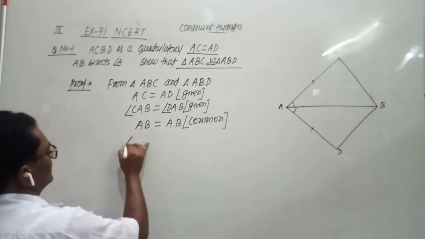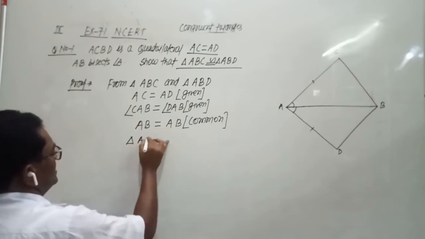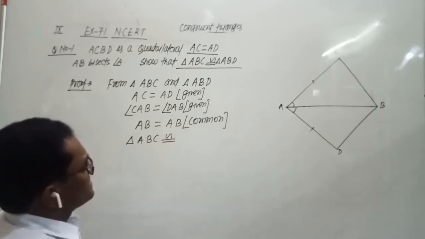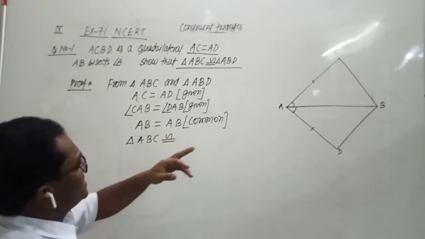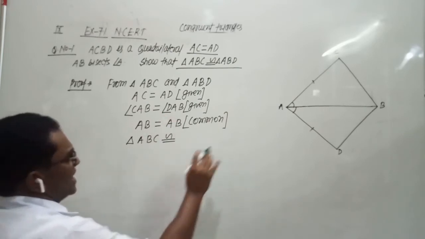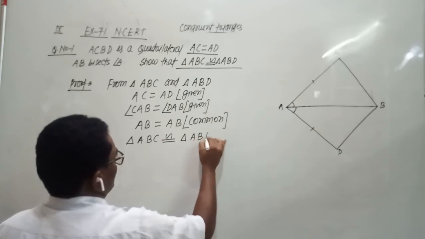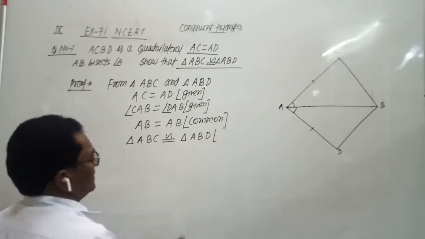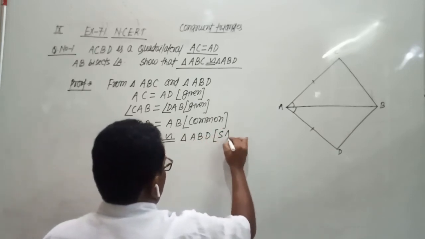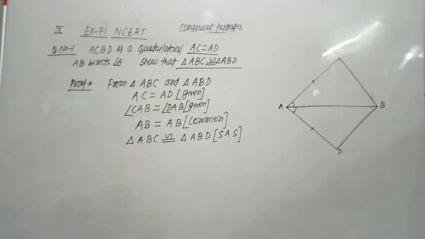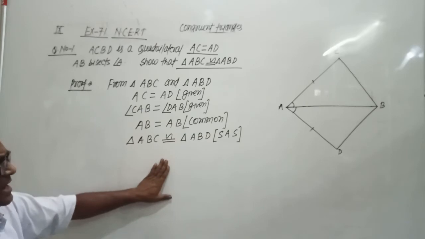So triangle ABC is congruent to triangle ABD by the SAS congruency criterion. So we have proved that triangle ABC is congruent to triangle ABD.